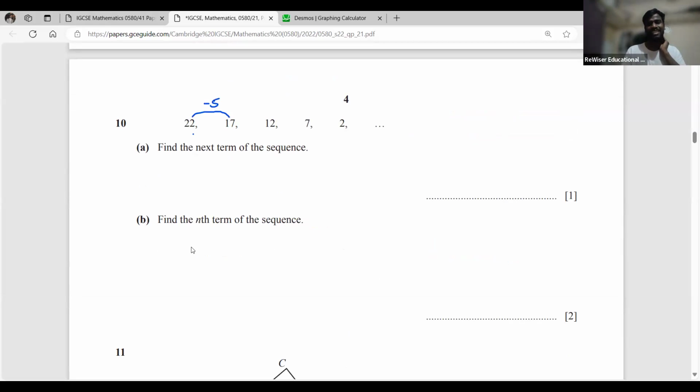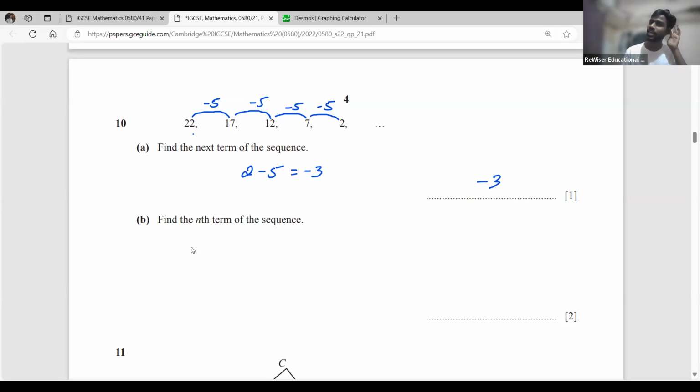It is decreasing by 5. And the difference between these two is also 5, decreasing by 5. That's why I'm writing it as minus 5. So the next term will be 2 minus 5, which is nothing but negative 3. So the next term here is going to be negative 3.